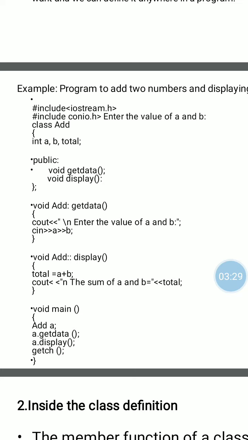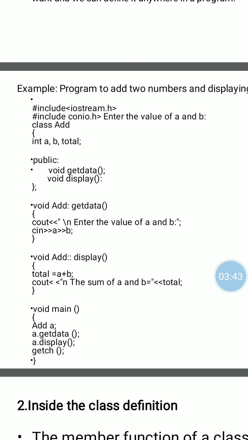Void is the return type which was used at the time of declaration of the getdata function. Check whether the return type is the same at the time of declaration and definition. Maintain it the same. Void, then add is the class name, then scope resolution operator, then function name. Function definition means function implementation. Then open bracket. Here the getdata function is used to take the input for a and b.